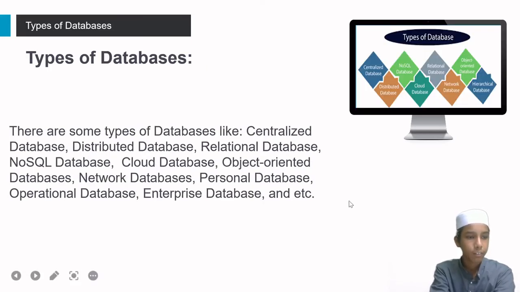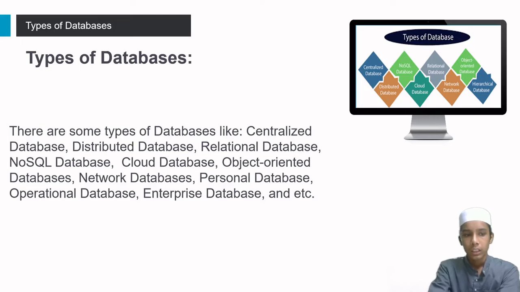There are many types of databases, like centralized database, distributed database, relational database, NoSQL database, cloud database, object-oriented database, network database, personal database, operational database, enterprise database, and many more.